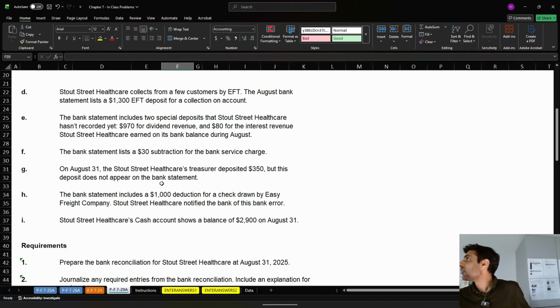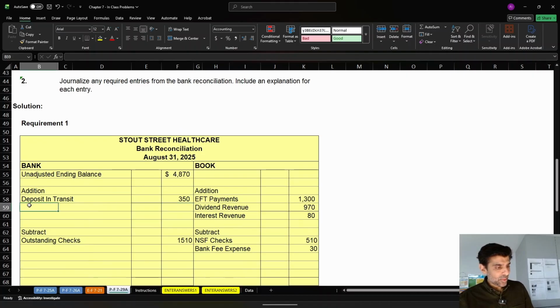They should not have taken it out, and they're eventually going to add it back. But for the purposes of our reconciliation, we're going to add it back now just because we want to reconcile our cash balance. So this is going to be another addition back to the bank balance of 1,000 to correct that error.